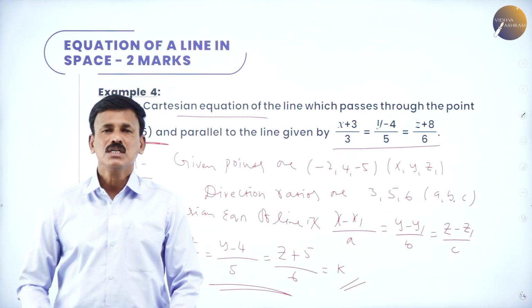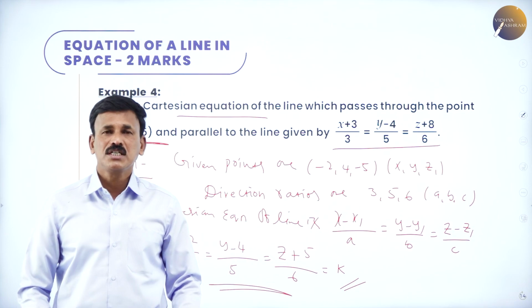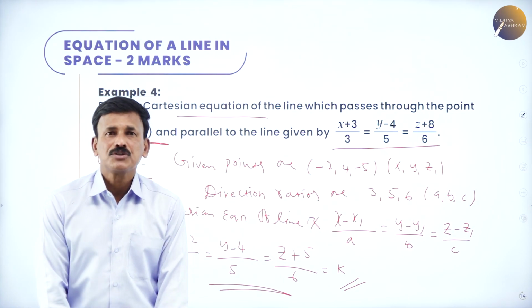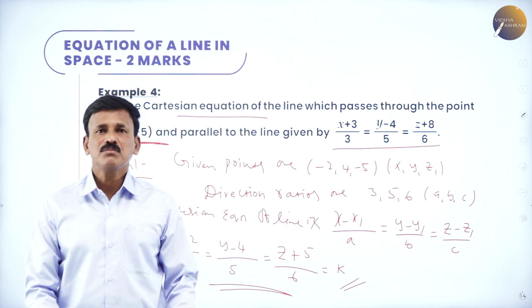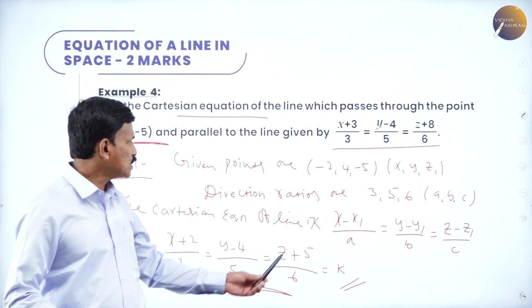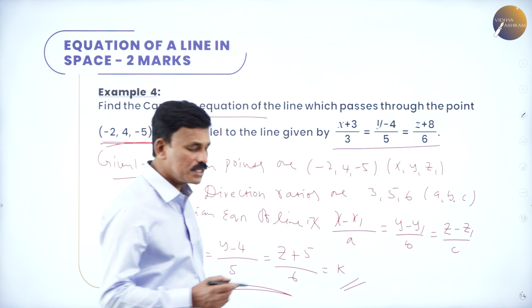Hope you followed this. So these are a few problems based on the first derivation, the equation of a line passing through a given point and parallel to a given vector. In vector form it is r is equal to a plus lambda b, and in the Cartesian form it is x minus x1 by a is equal to y minus y1 by b is equal to z minus z1 by c.